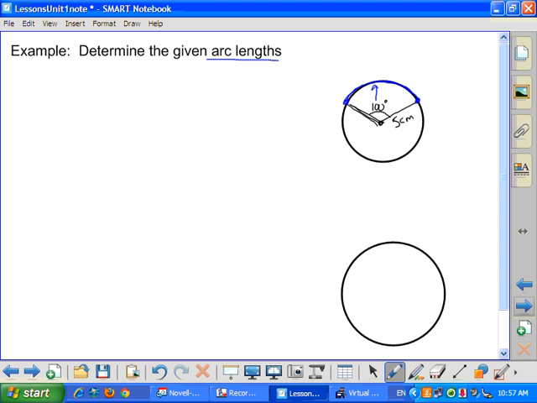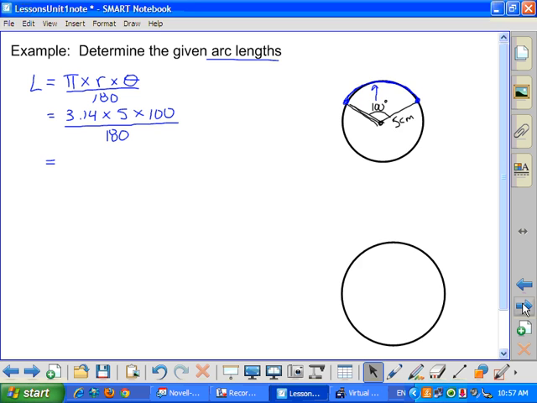So the 100 degrees is there, so that's the arc length we would be looking for. So L equals pi times r times theta divided by 180. So 3.14 times the radius, which is 5, times 100 for my angle, divided by 180.